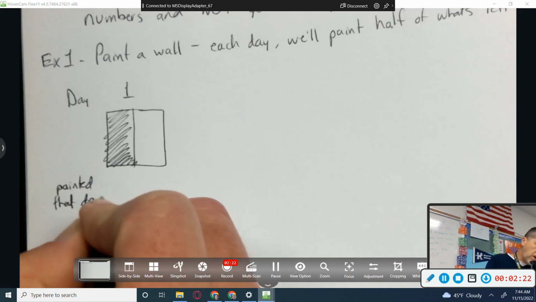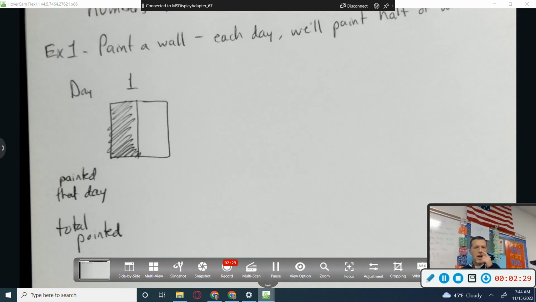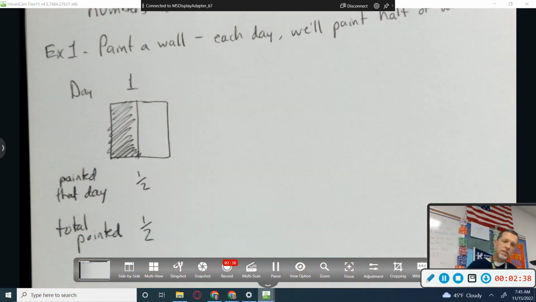And we're going to keep track of how much we painted that day and the total that's been painted. Well, on day one, that's kind of an easy pick because we painted half the wall, and half the wall has now been painted.